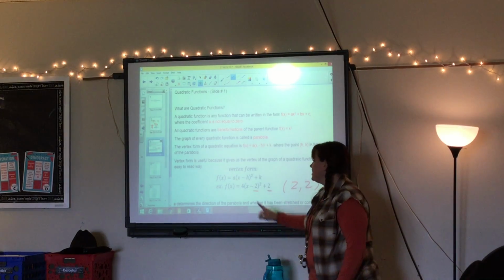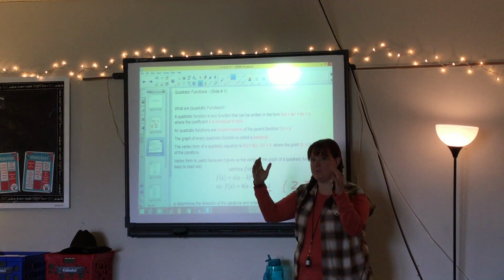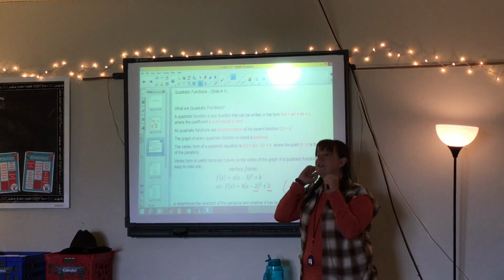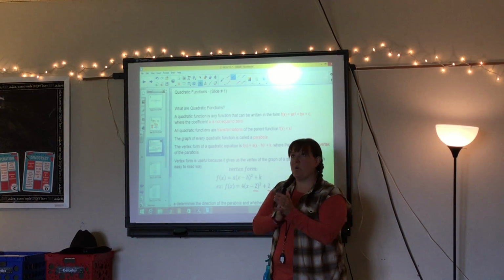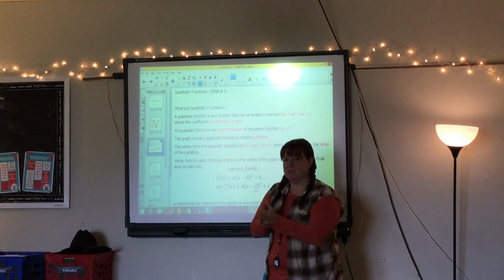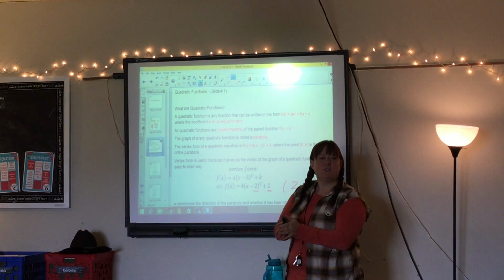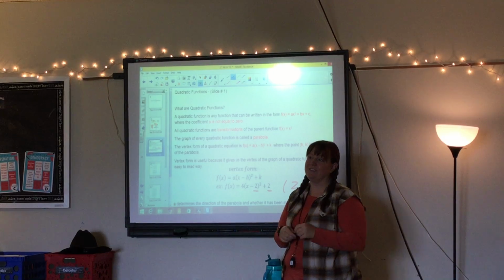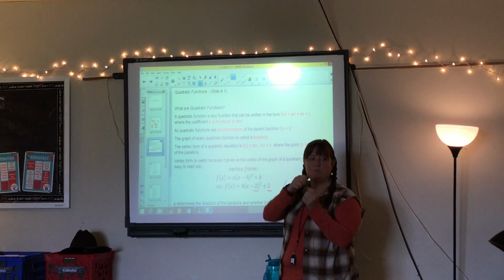Okay, so my question is, what does this 4 do to things when it's outside of the x? Yes, it multiplies. So how does it change our graph? Yeah, it would stretch it.